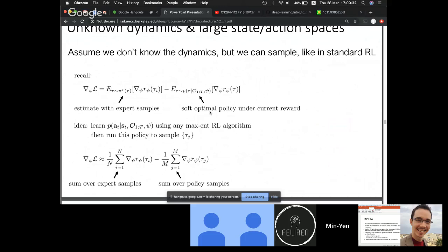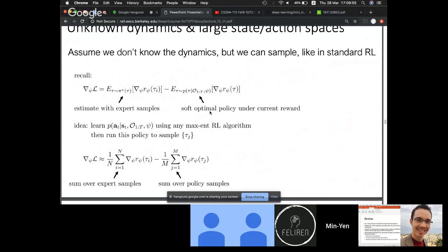But then we said, okay, with that in place, we can get rid of the policy entirely. So we don't need a policy anymore. We use these basis parts. We can estimate the policy based on standard reinforcement learning. So we learn the policy given a current estimate of the reward function.